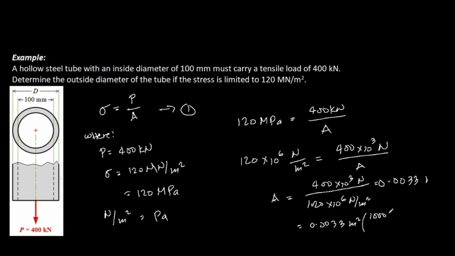So if we multiply by 1000 squared, which is 1 million, 0.0033 times 1 million is equivalent to 3333.33 in millimeter square.